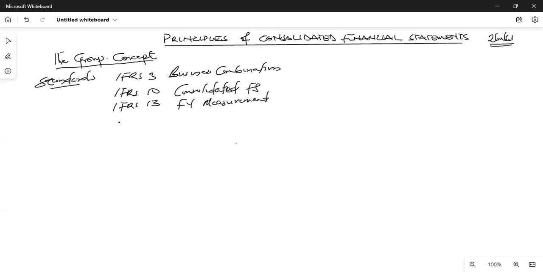Then we have IAS 28, and that one is investments in associates and joint venture.